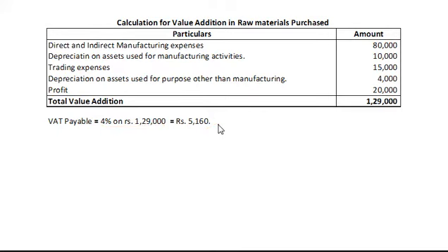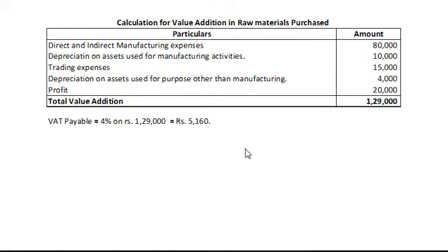So my dear students, in value addition method, or addition method, VAT is levied only on the value added by the dealer or a manufacturer. And while calculating addition, all direct and indirect expenses like wages and salaries, power and electricity, rent, depreciation on capital goods, manufacturing, trading and selling and distribution expenses, interest on capital and profit added will be considered as value addition.